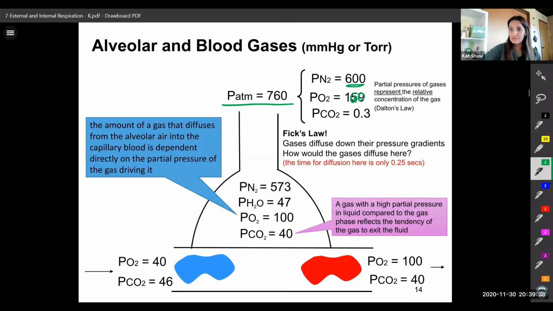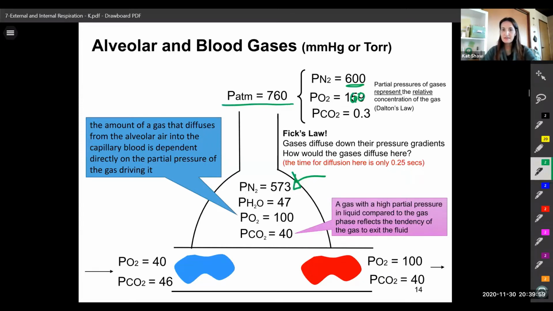You have a residual volume there, and that residual volume is shown here. So you get the mixing of gases upon inhalation with the proportions that are in the alveolar airspace.